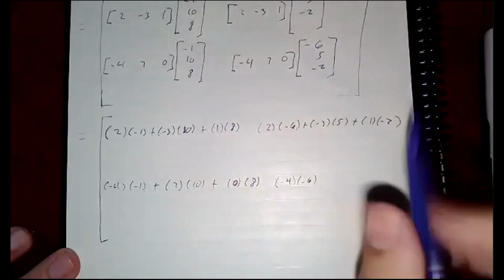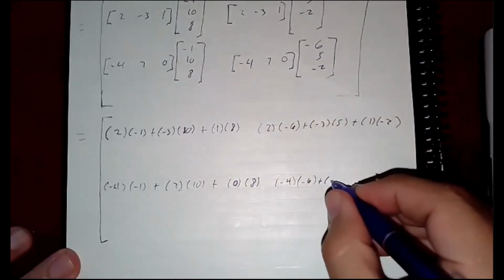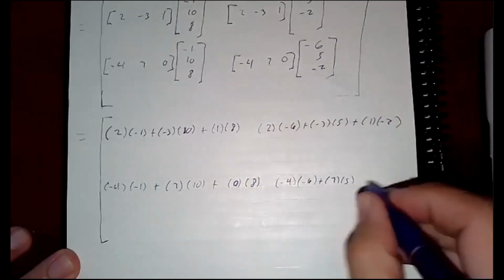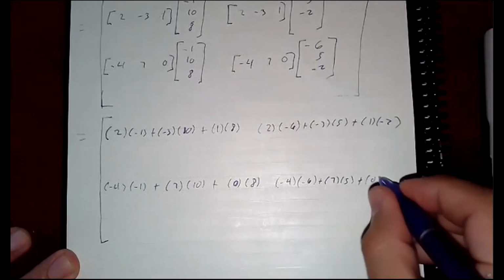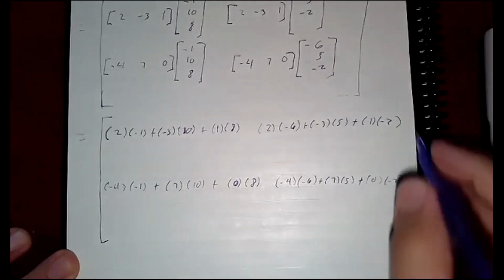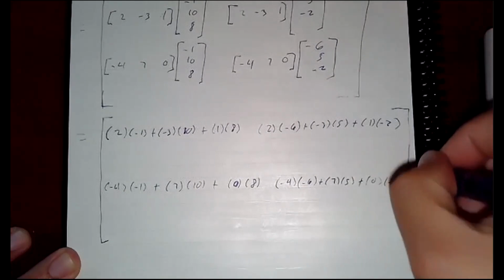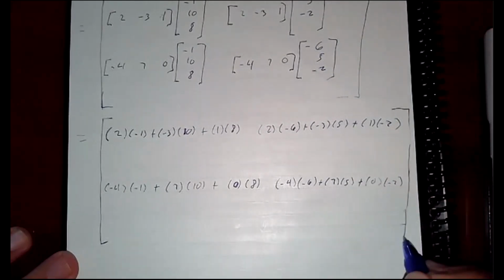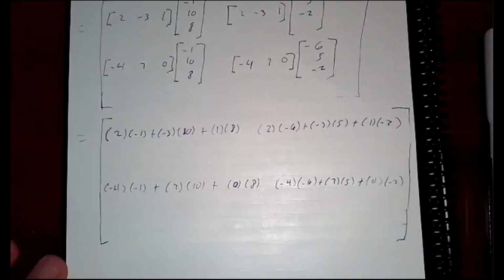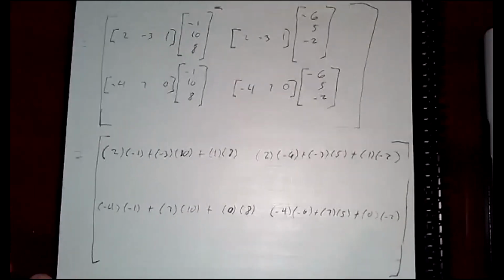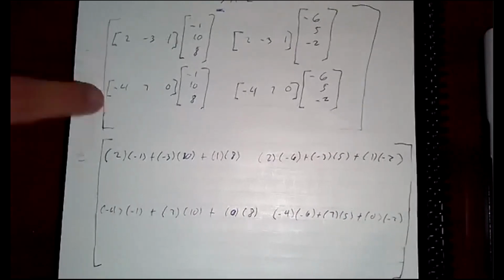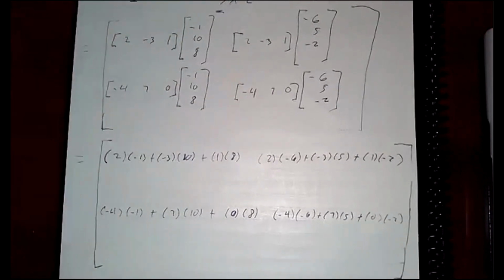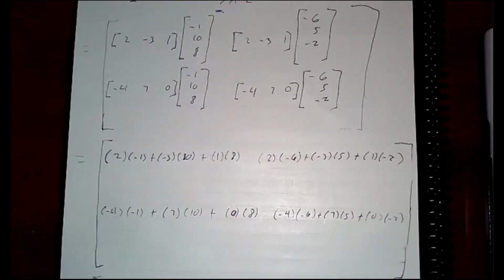Okay, -4 times -6, 7 times 5, 0 times -2. Okay, you see where all these numbers came from. I'm just doing this multiplication, right? Each of these. All of this will become the entries for the new matrix.